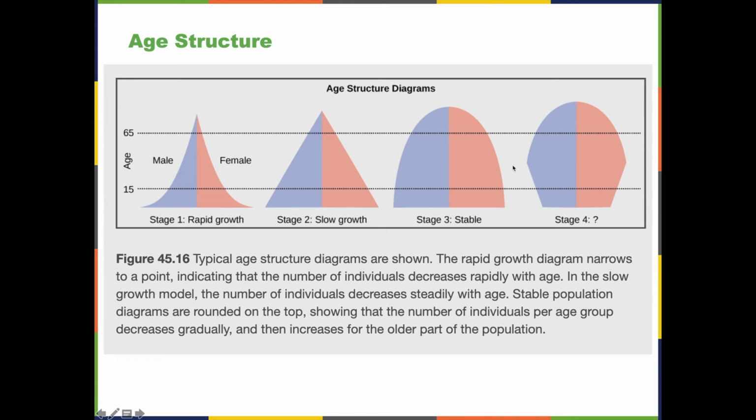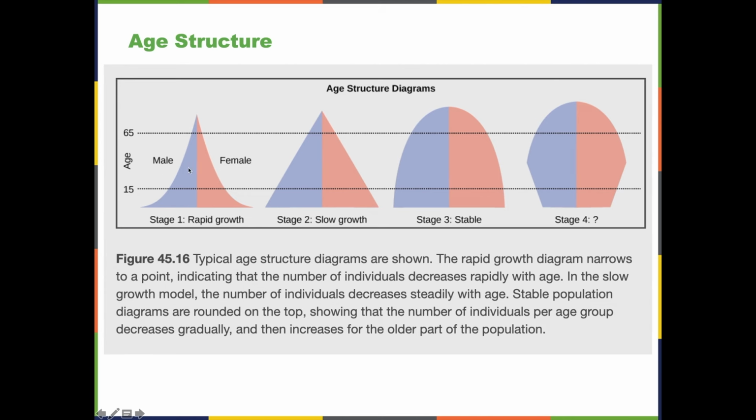Now, in these examples that I'm showing you here, it's assumed that there is a 50-50 ratio. There are as many males as there are females. And depending on how the size of the population changes, the shape of this age structure changes.